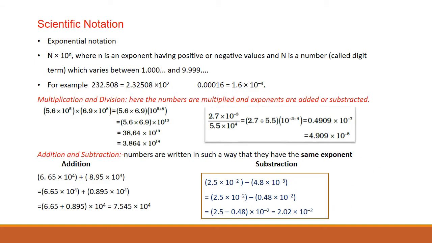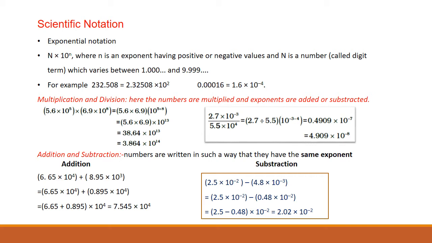Scientific notation. While expressing the result in exponential notation, n is the exponent having a positive or negative value, and capital N varies from 1.00 to 9.999. For example, 232 can be represented as 2.32 into 10 to the power 2.